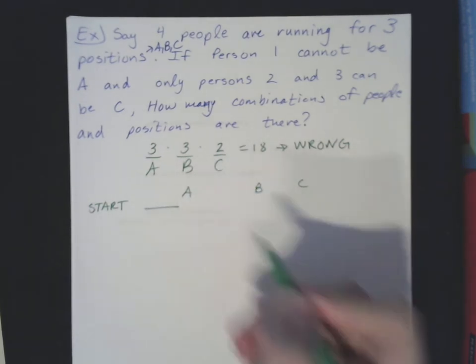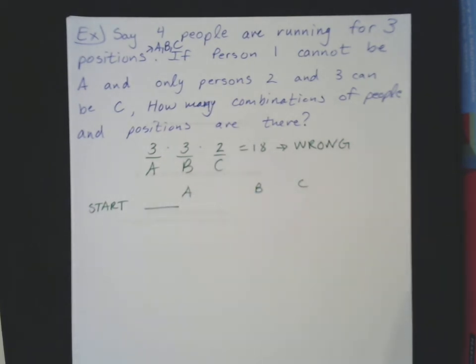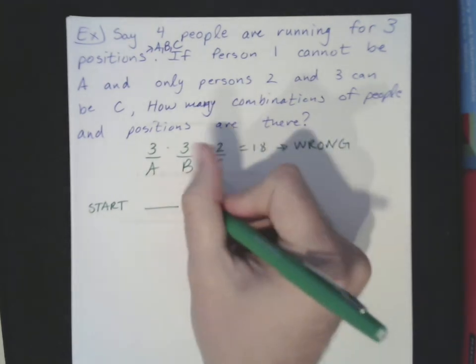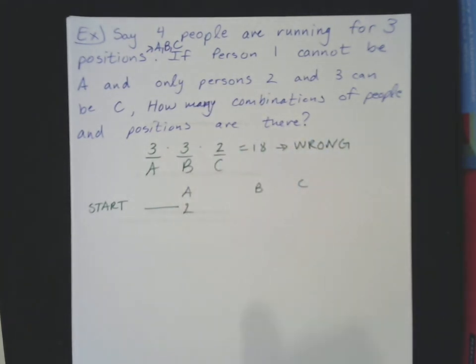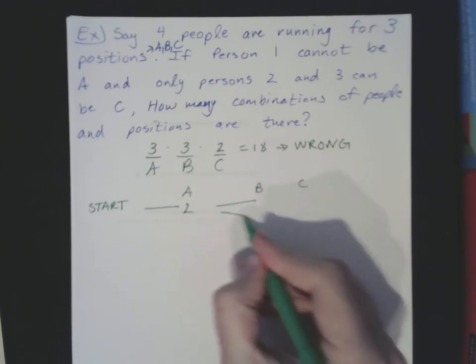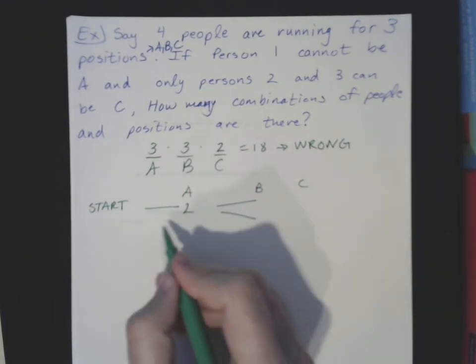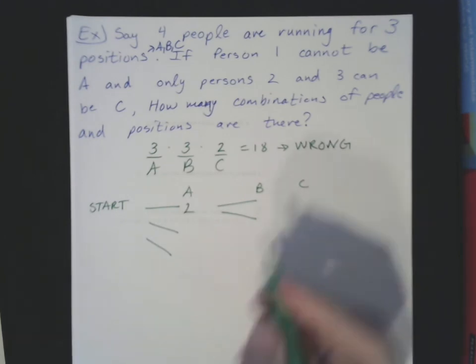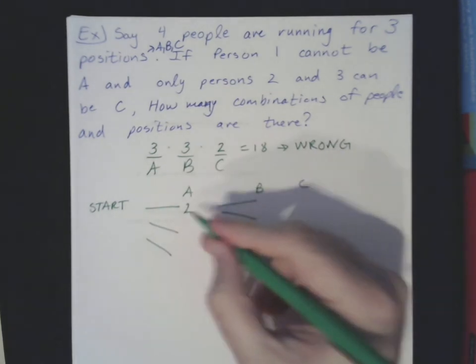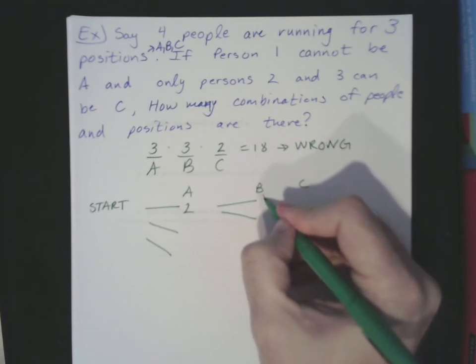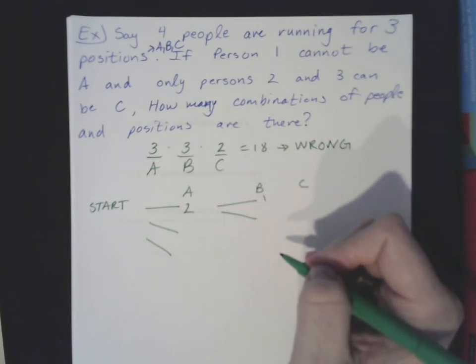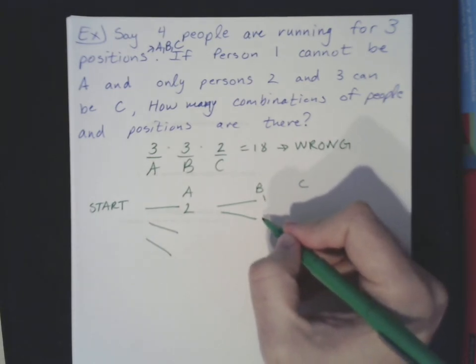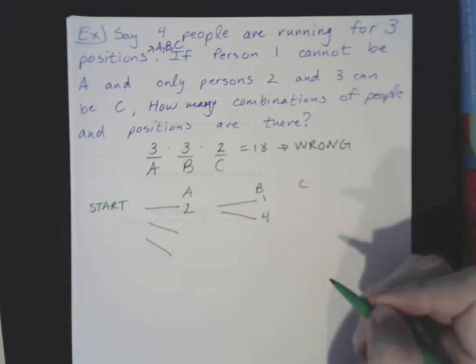So our first combination, person 1 can't be in job A, so we pick person 2. Well, then we get to B, there are 2 choices here. When we get to B, since person 2 is chosen, person 1 could be chosen again, and person 4 could be chosen again.